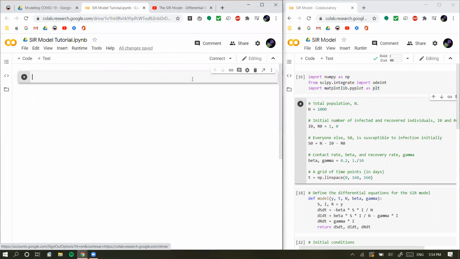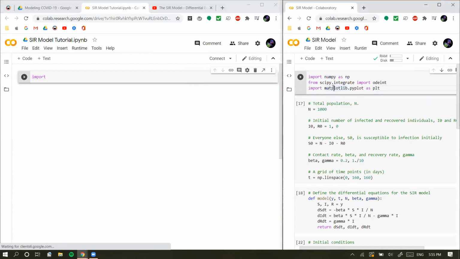So the first step is that we have to import some stuff. Importing is just saying that we need some extra help, okay? I won't go too much into it, but we're just importing a few packages from Python. We're gonna use NumPy, which is for math, SciPy, and a special thing for plotting called matplotlib.